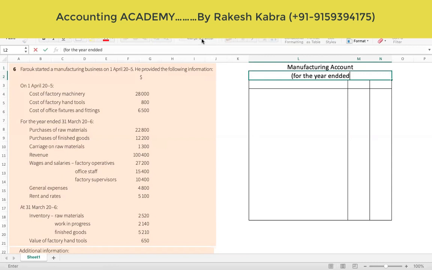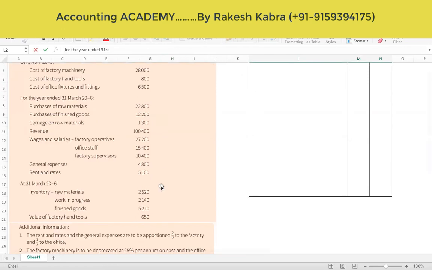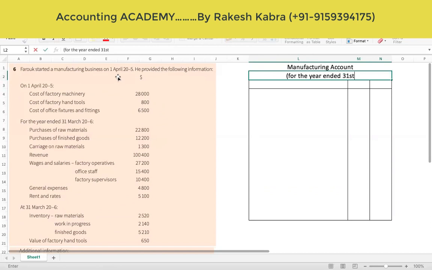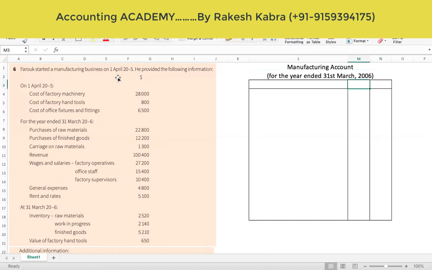According to the question, the beginning is on 1st April, so March will be the ending, 31st March 2006. That last date also we need to mention.